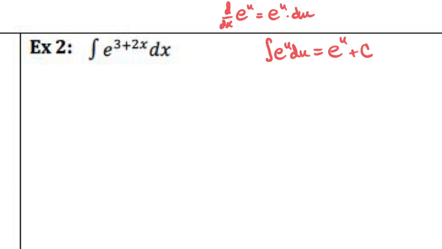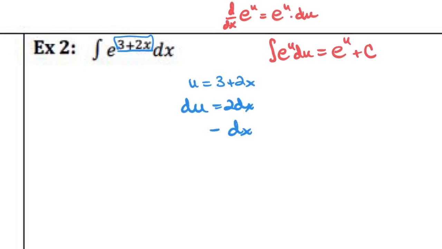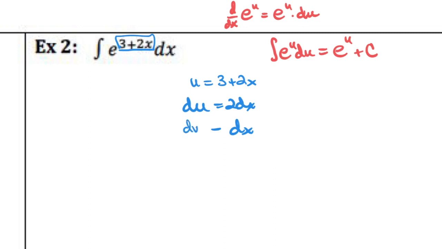Knowing that helps you determine that the exponent should be the u value. U equals 3 plus 2x. So du equals 2dx, solve for dx, do some fabulous substitutions, and we are on our way to solve this problem.